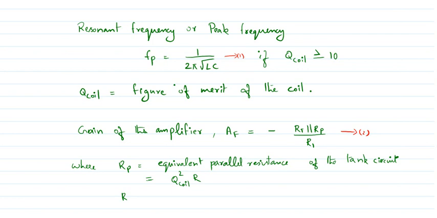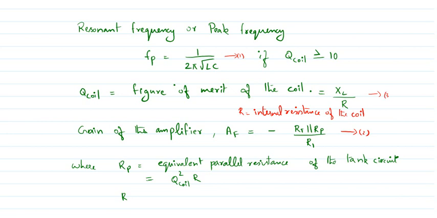here usually we will give the Q coil, which can be obtained using the equation Q coil equal to XL by R. Here R is the internal resistance of the coil. So this is equation number 3.